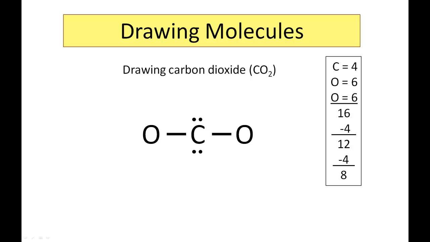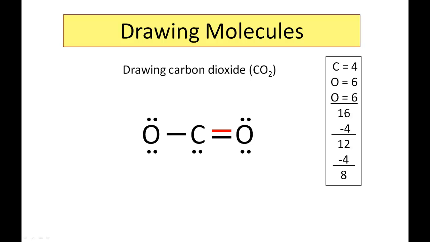The remaining 8 electrons would go around the oxygens on the outside. Notice I put them equally dispersed between the 2 oxygens. If you notice now, the oxygen only has 6 electrons around it, not enough to fill its octet rule. So what will happen is the 2 electrons around carbon, which are only used for lone pairs, will be stolen by the oxygen being the more electronegative atom, and they will be shared with carbon and oxygen instead of it being only with carbon, and it will form a double bond.